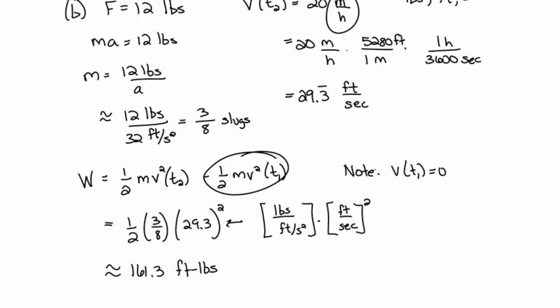Well, if you take a look at that, we'll have feet squared upstairs, so pounds times feet squared. Downstairs, you'll have feet over second squared times second squared. So you can see those cancel and everything else cancels to get foot-pounds in the end. So there you have it. That is problem number 31 in 6.4. That's how much energy you have put into the system by throwing that bowling ball.